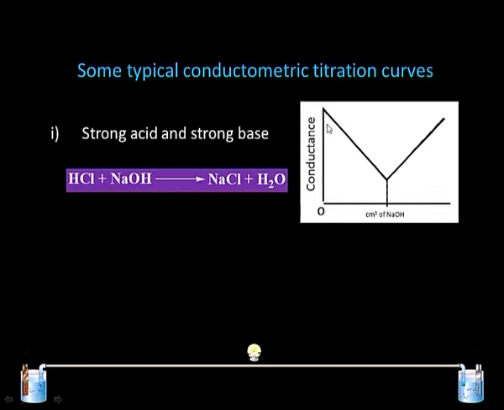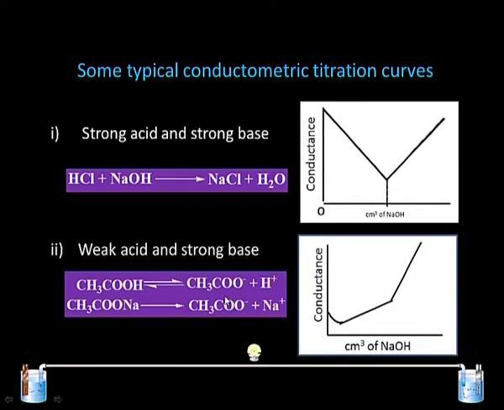So the fall continues as long as there is H+ in the solution. After that there is no H+ ion in the solution, the curve begins to rise, and that is totally due to the presence of free OH- ion.